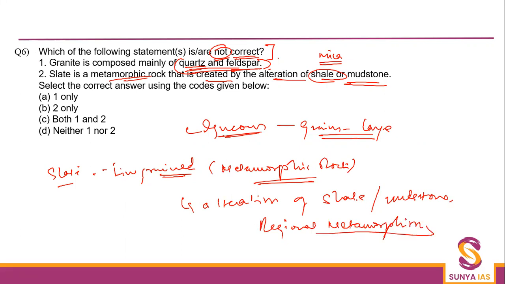All right. And what does slate basically comprise? It basically comprises clay minerals. Clay minerals होते हैं इसमें and some micas also. ठीक है.